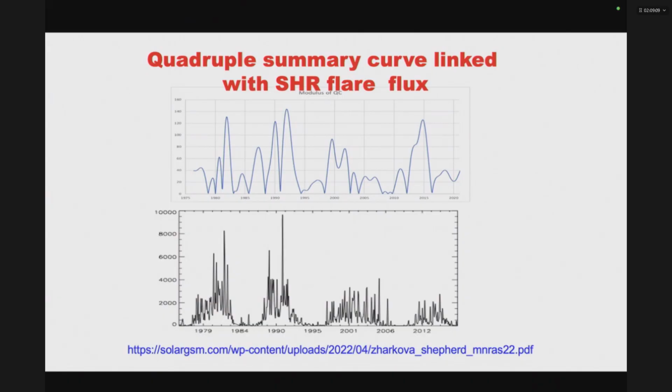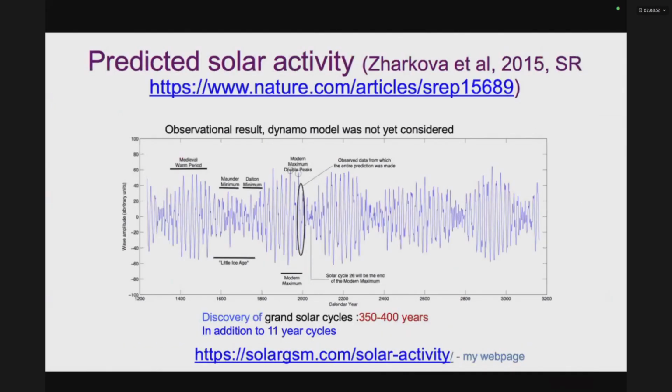You see the maxima appear exactly in the years when they observe maximum soft X-ray in solar flares, which makes sense because this is a quadruple wave, so it has to be two sets of loops that interfere and produce flares. So it makes a lot of sense.